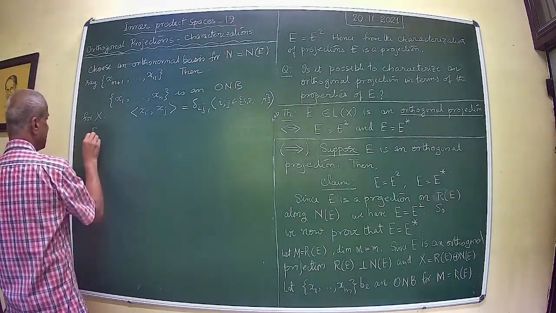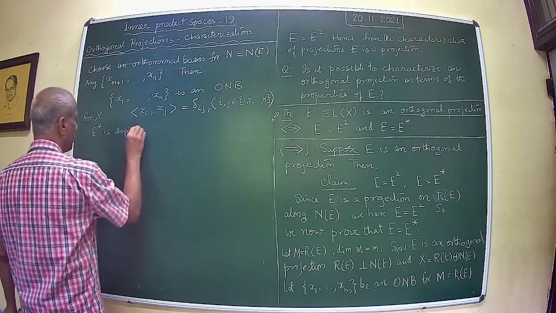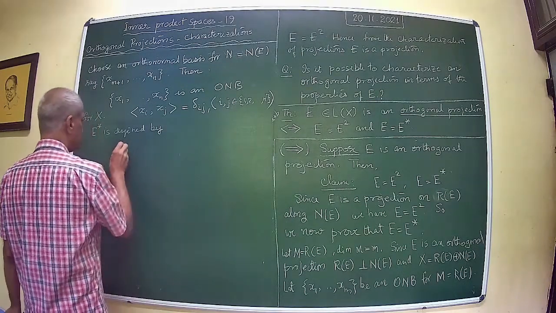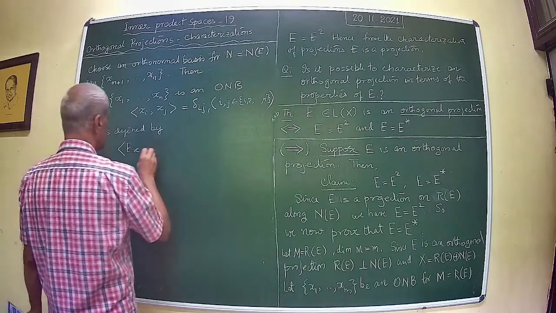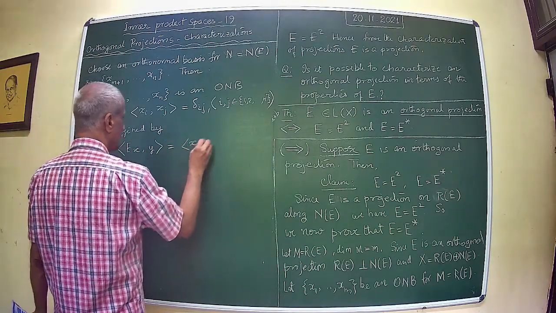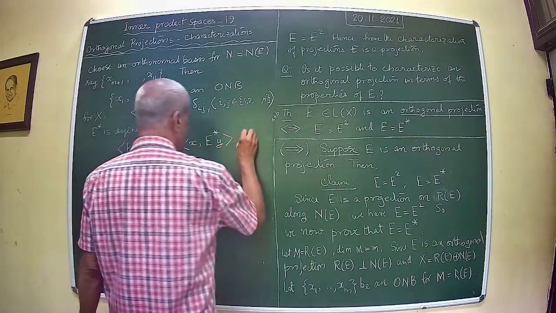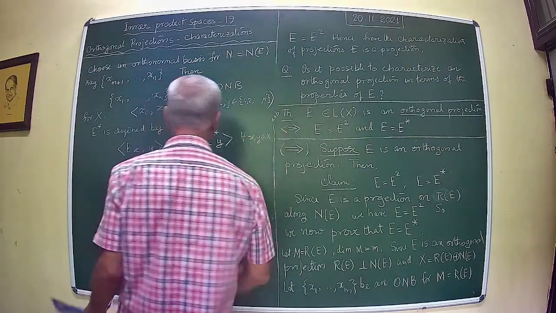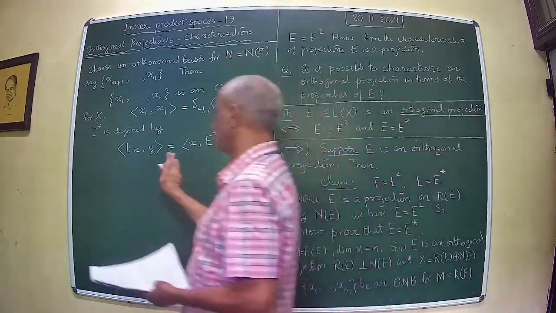E star is defined by the property that the inner product of Ex with y equals the inner product of x with E star y, which exists. This property determines E star. Then E star is in L(X). Okay.